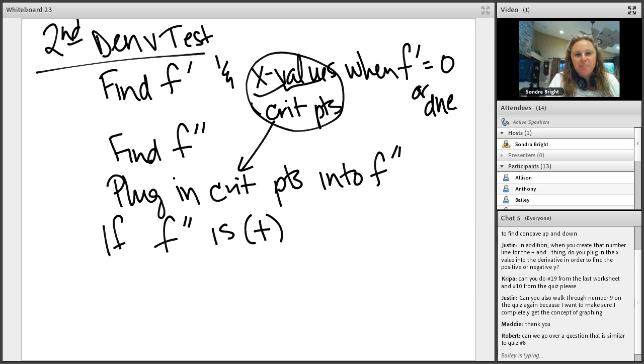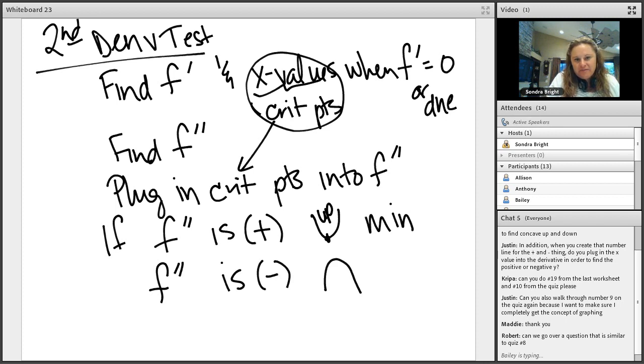Concave up like a cup. Up, positive, up like a cup. Concave up when it's positive. And so then down here is a minimum. And then if the second derivative is negative, then you're concave down, which means that that critical point is a maximum.